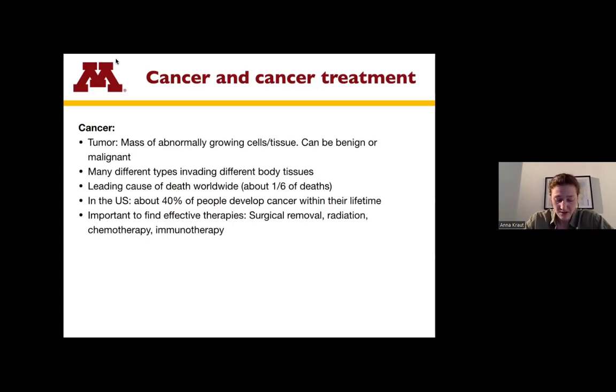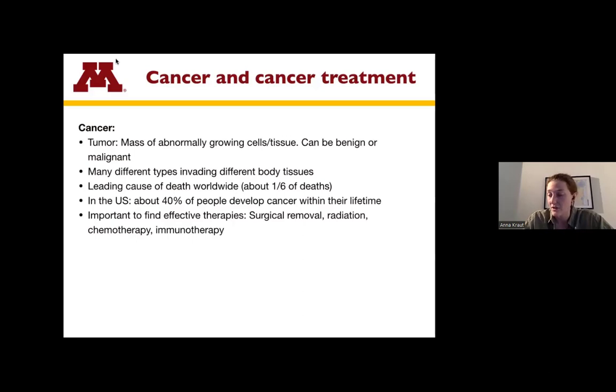And over the last decades, tumor has become the leading cause of death worldwide, which I looked at these numbers prior to this talk and was actually shocked myself. So about 1/6 of all deaths worldwide are due to cancers. And in the US, I found a number that about 40% of the population will eventually develop cancer within their lifetime.